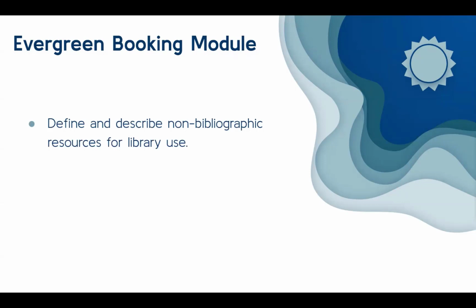One of the things to keep in mind here is that we already have a whole catalog of bibliographic resources, and those can be used in the booking module as well. You can utilize those and have reservations made on those separate from the circulation part of Evergreen.